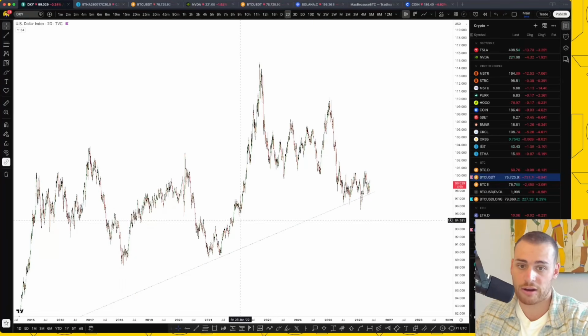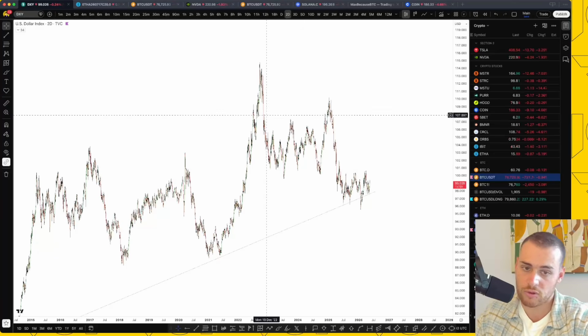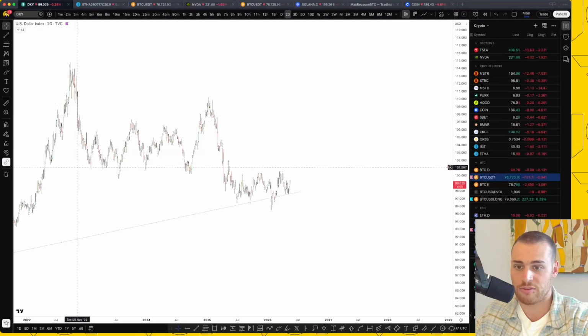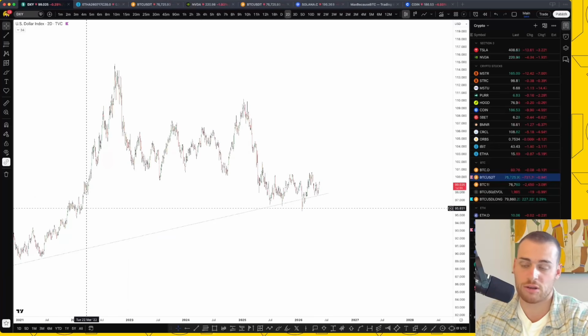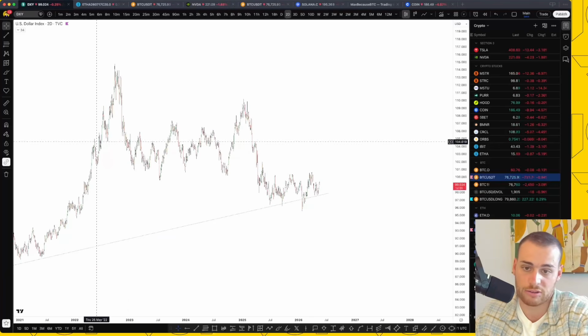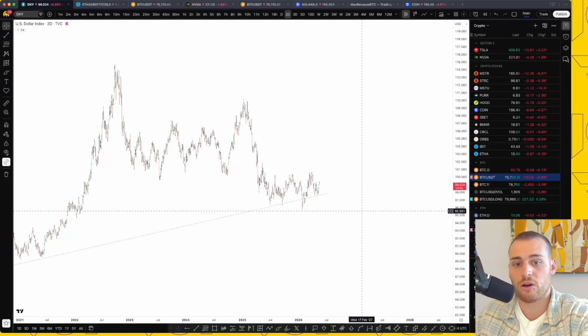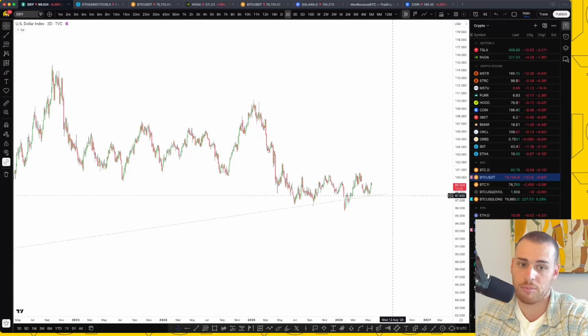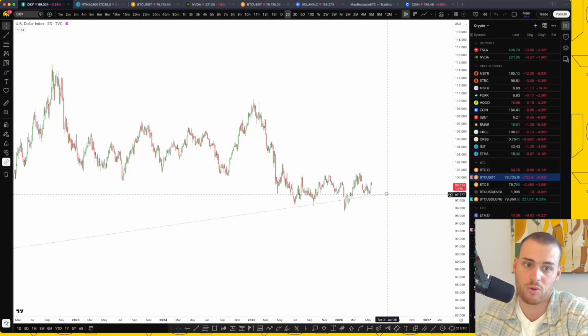This is like a fiat currency basket. It's made up of a handful of different currencies, primarily euro and dollar. But you can see in the past handful of years how much the valuation of this currency basket has fluctuated. So you're also looking at Bitcoin's value, but you're denominating it in something that's constantly moving, which is then kind of manipulating the view of what is Bitcoin's real worth.